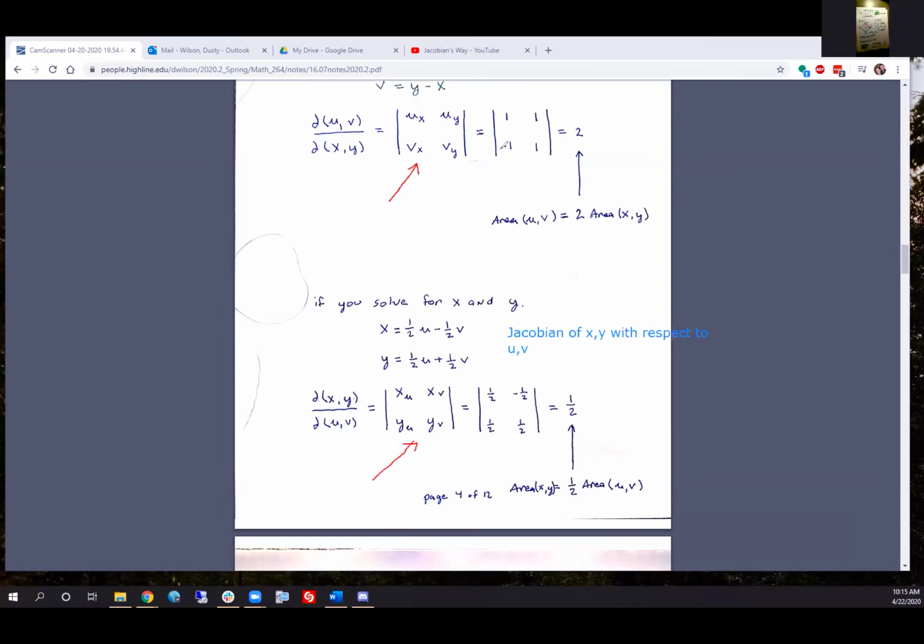One piece of good news about this formula is that you could also do the transpose. So if we did ux and uy and vx and vy, it would work the same way.